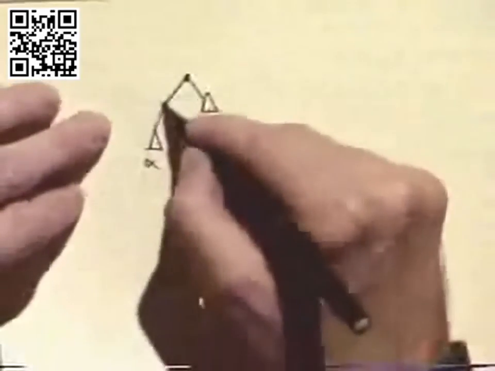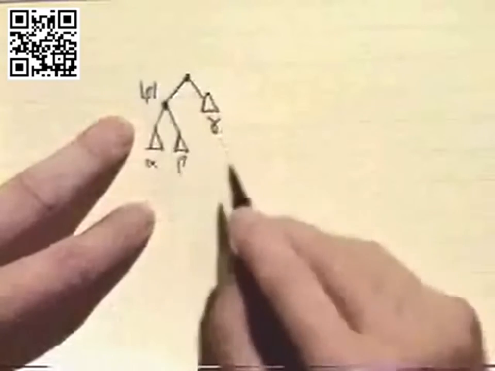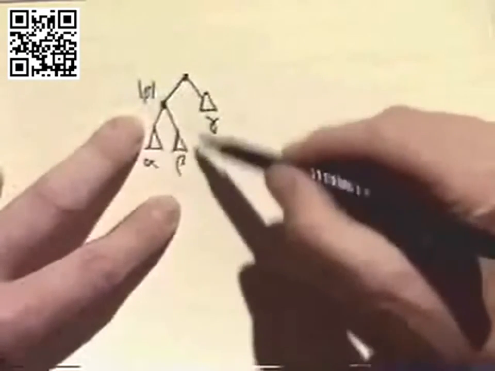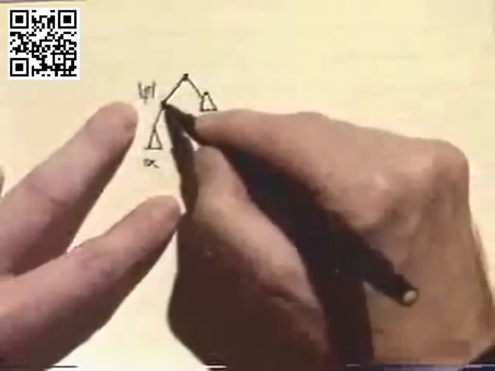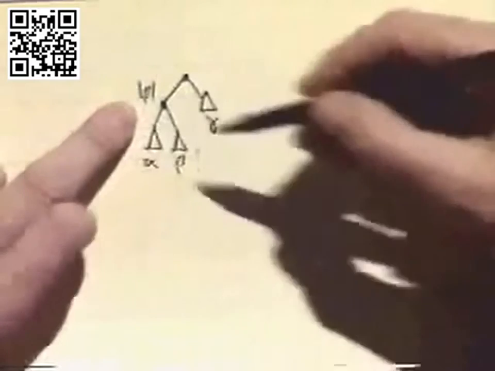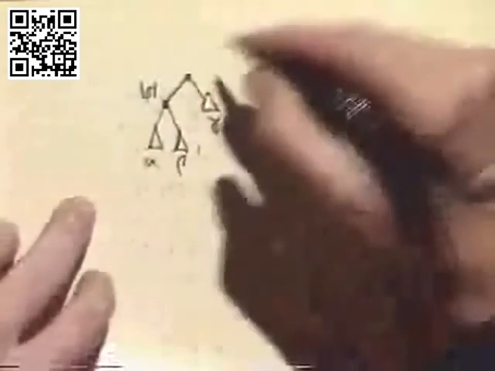The number of descendants of this node is, call it, absolute value of beta. That means the number of nodes in this tree beta. So that's how many descendants this guy has, because to the right is listing all the descendants, and to the left isn't.